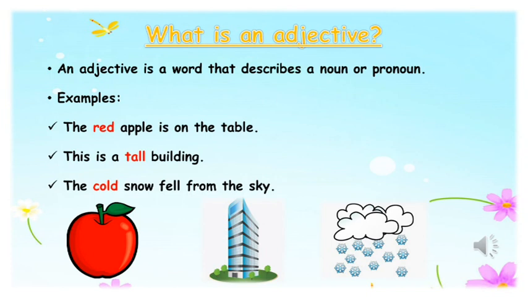And the third sentence. The cold snow fell from the sky. Do you see the word in this sentence that describes the noun? Yes, cold. Cold describes the noun snow. So cold is an adjective.